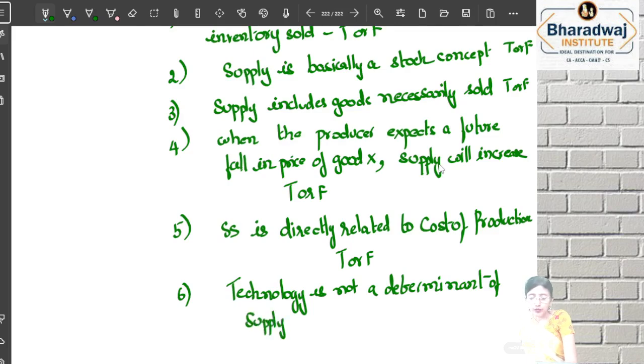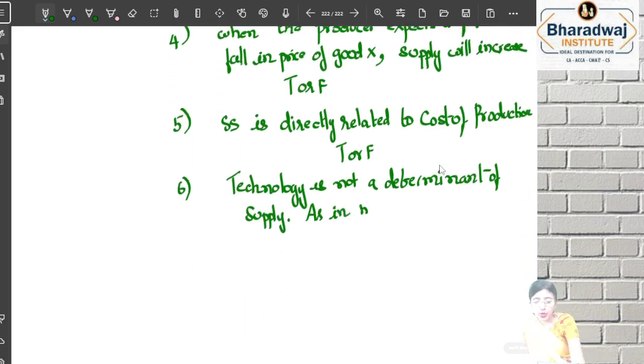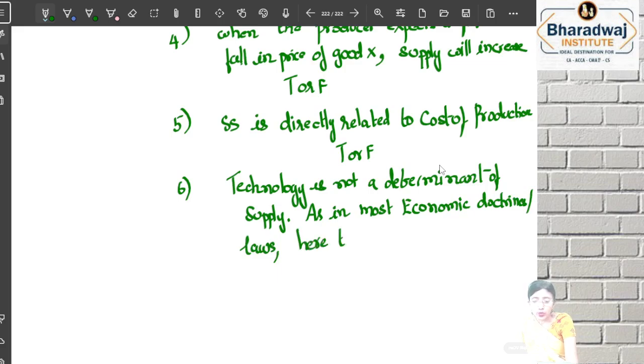As in most economic doctrines and laws, here too technology is assumed to be constant. True or false?